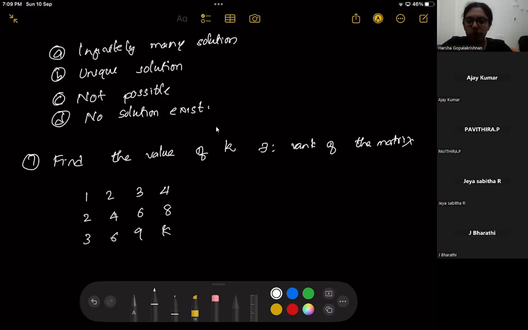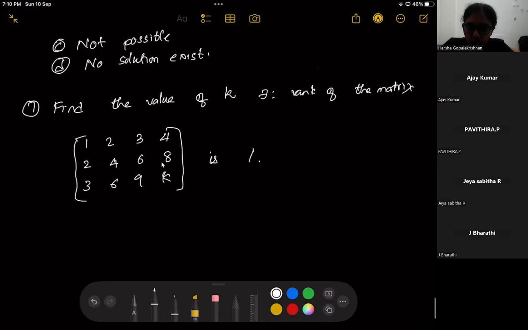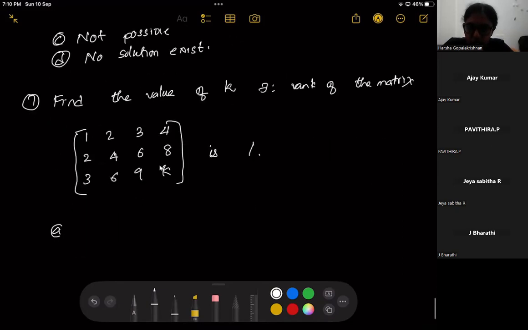So if you understood the concept of rank, you can very quickly say the answer to this question. The question is to find the value of this K such that the rank of this matrix is 1. So the options given are 8, 16, 12 and 9.